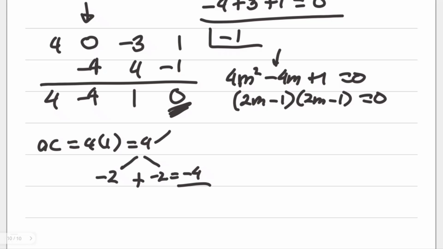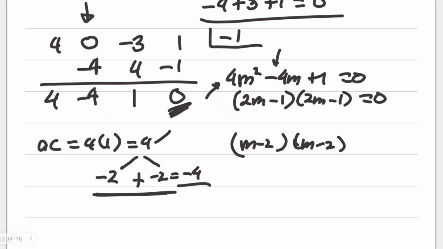Hence, you will have this in our solution. But we are not going to come up with m minus 2 and m minus 2. Take note of this, as we are inserting concepts of factoring as well. Because if we use the FOIL method, it will not return 4, right? Because this is 1 times 1.